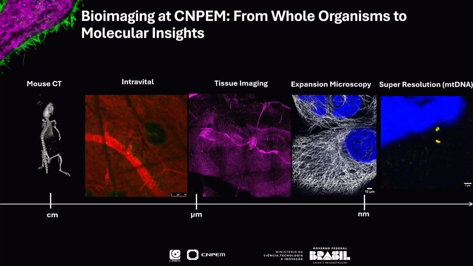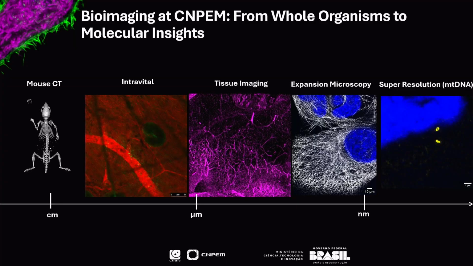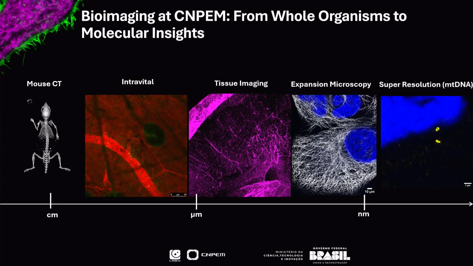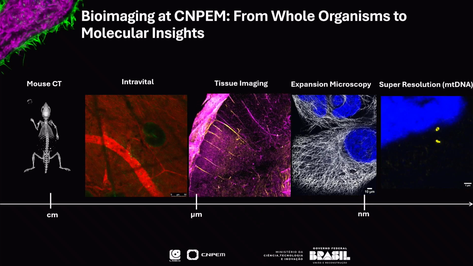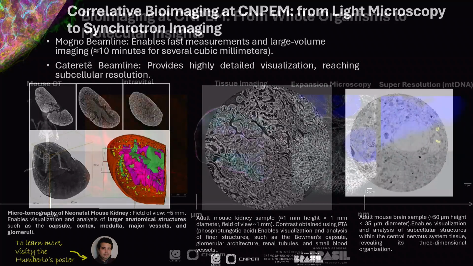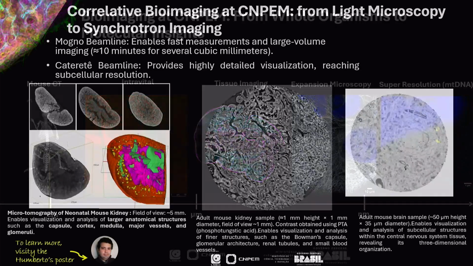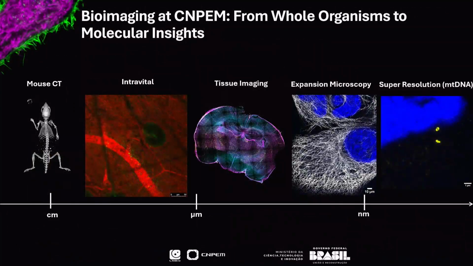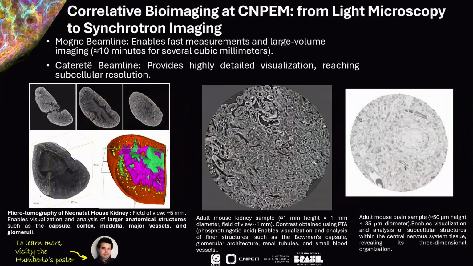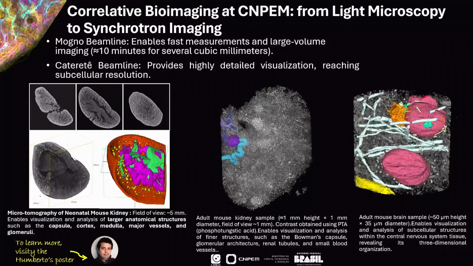As part of our work to spread the word of optical microscopy, we are developing methods across the scales. We are working with images from entire animals, from super resolution, and we are trying to develop pipelines to correlate bioimaging from light microscopy to synchrotron imaging.